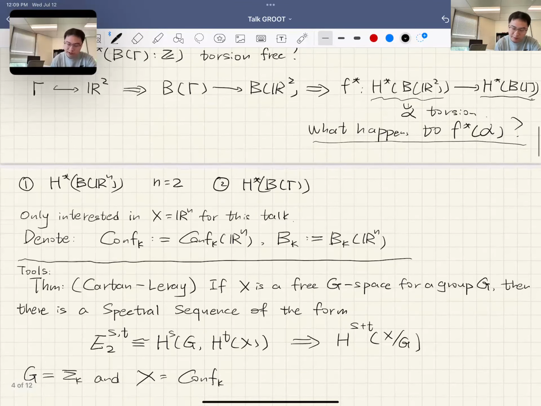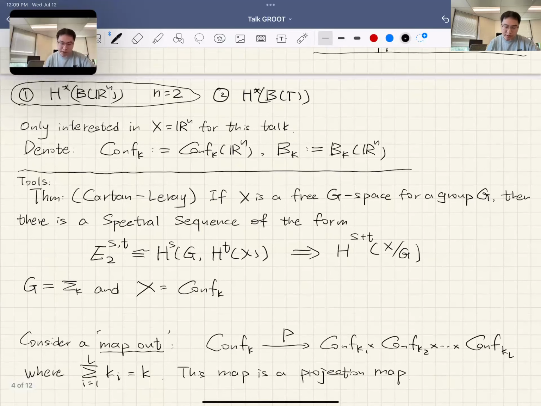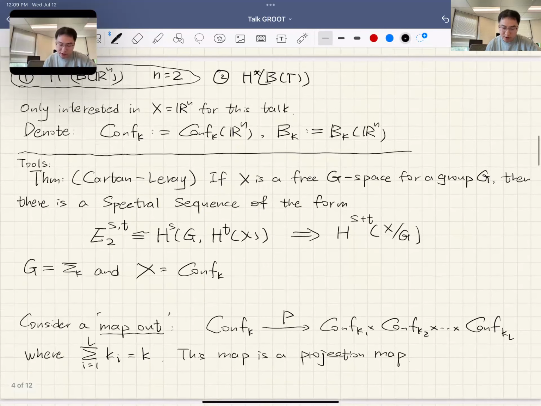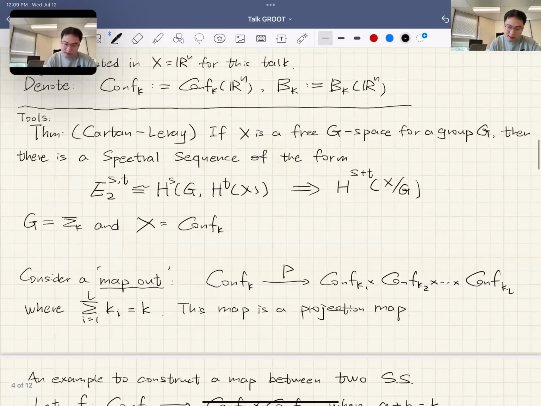For this talk, I'm going to focus on the first part of my research, and I'm only interested in X equal to R^n. So I'm going to denote Conf_k of R^n by Conf_k and B_k of R^n by B_k.